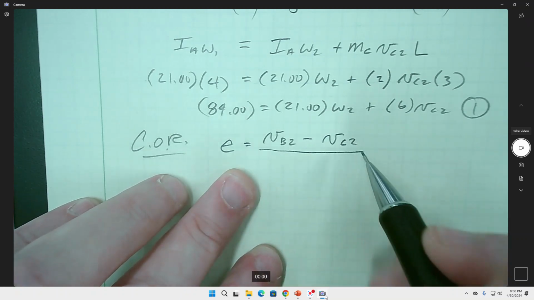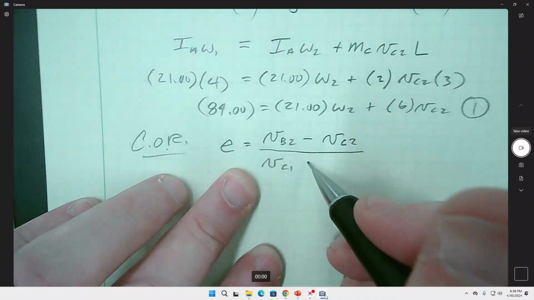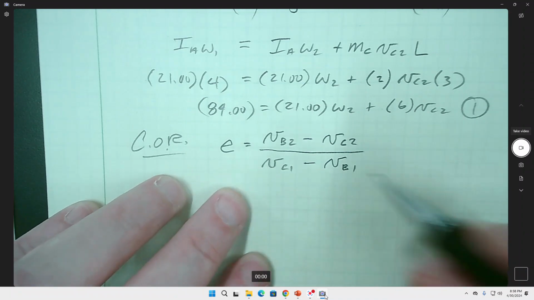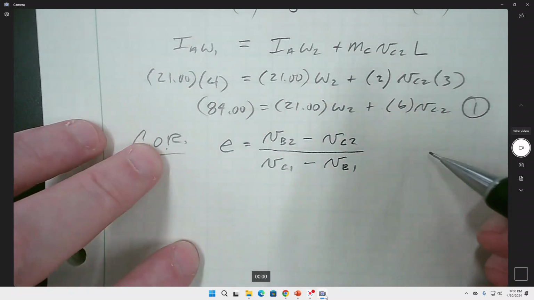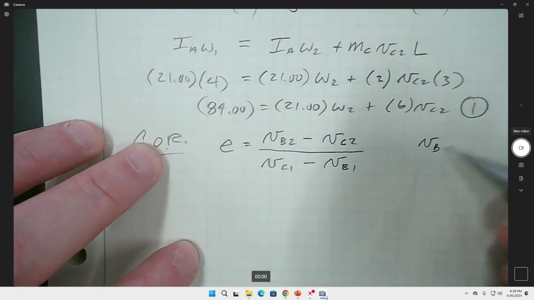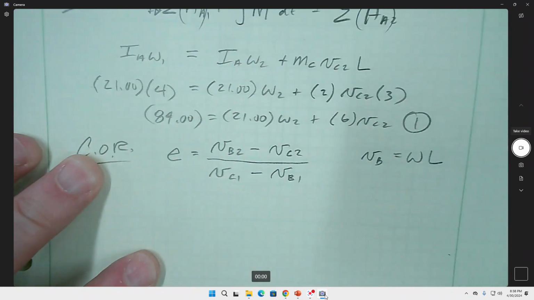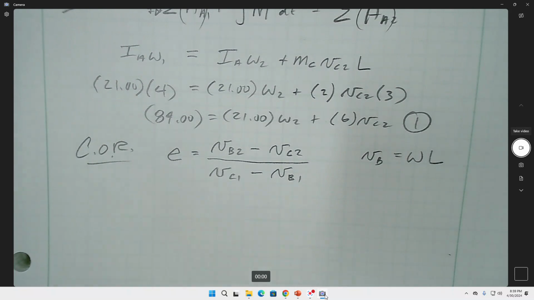I think I just messed things up, but that's okay. V_C1, which is going to be 0, minus V_B1. And recognize that V_B is going to be omega times L, because it's the kinematics of it. It's just fixed into there.